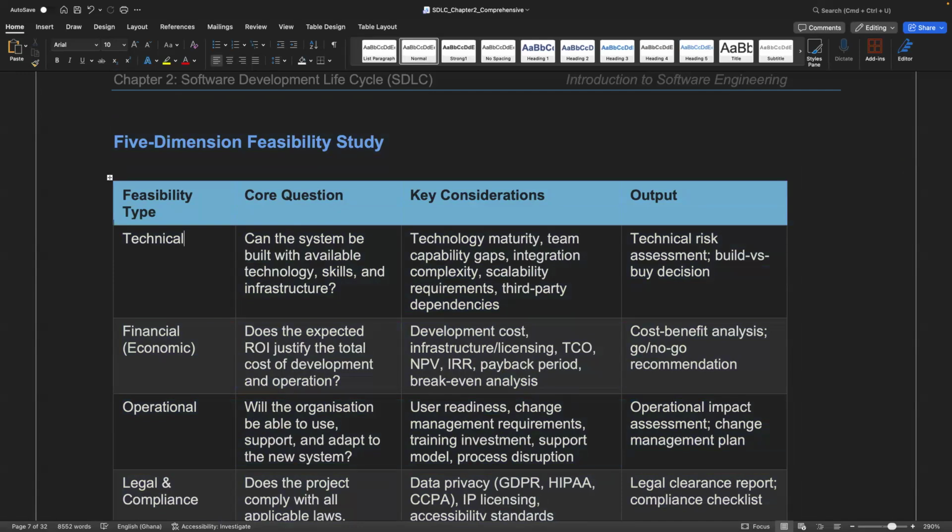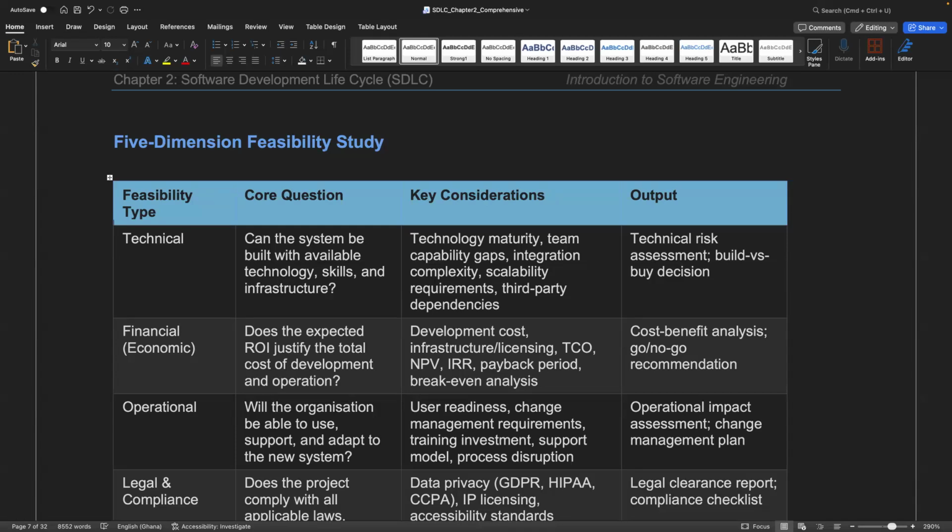So it says the technical: can we build the system with the available skills, technology, and infrastructure? Yes, because all of you are assumed to have the skills and the technology. Then you produce your assessment. This one will be used internally. Then the business people will siphon some information out of it and use it to bid for the contract, and they will be guided by the document throughout the development.